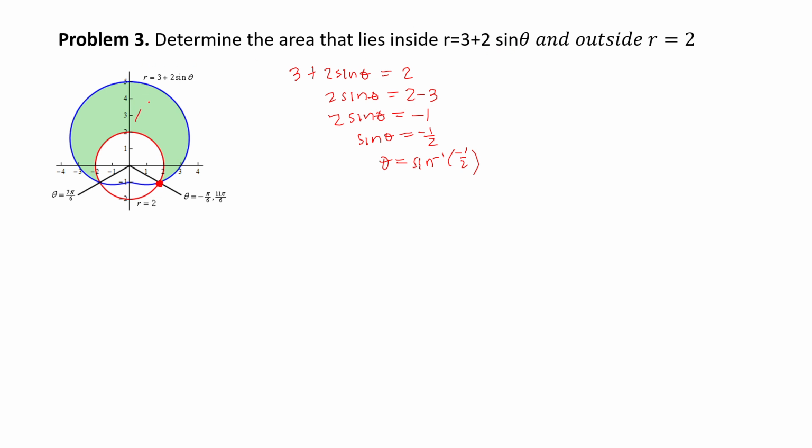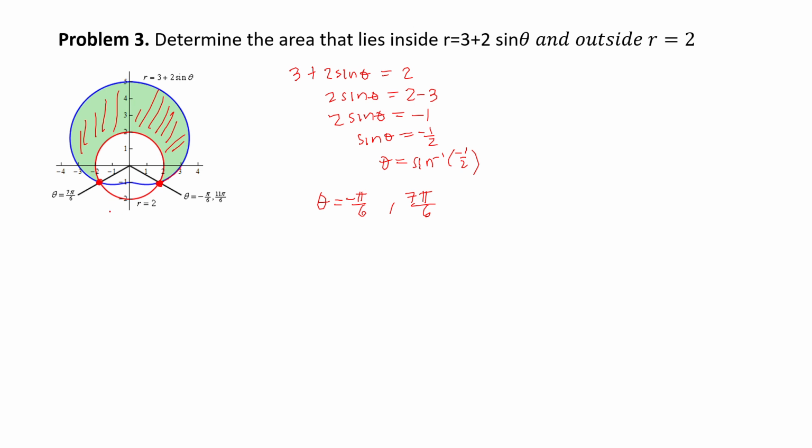Inside here, this is inside r, and outside the 2 here. And the other intersection here is theta equal to negative pi over 6 and 7 pi over 6. So this one.